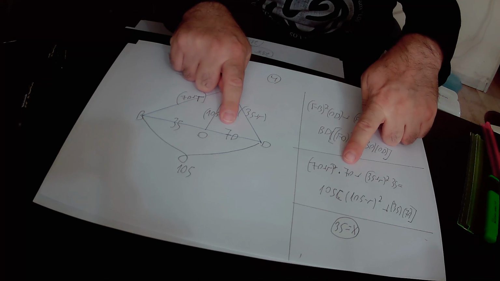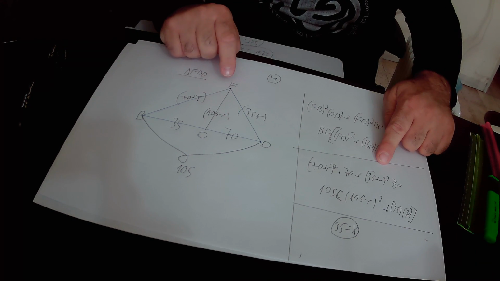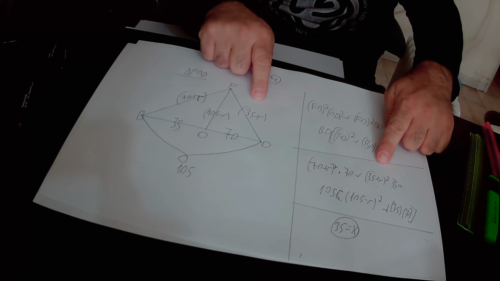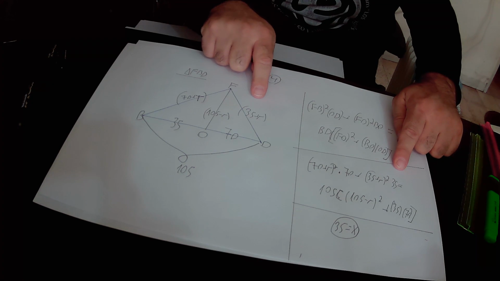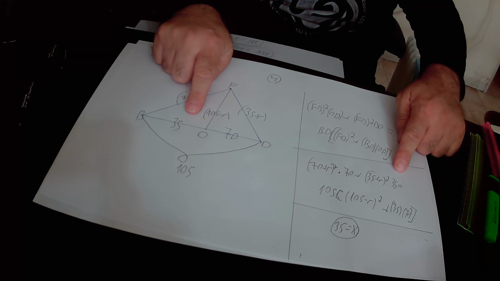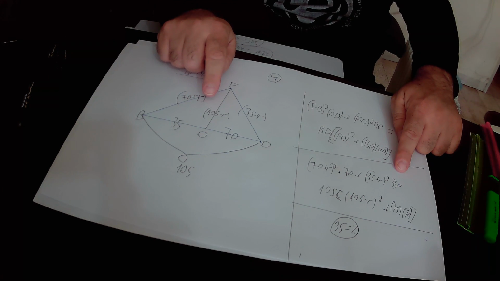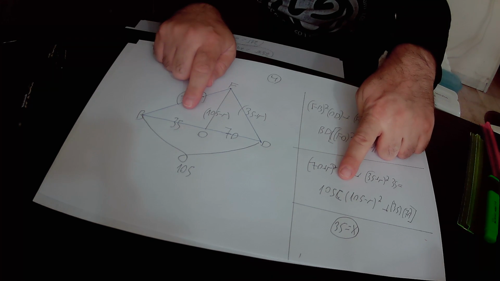OD is 70, so we substitute OD by 70 plus FD square. FD is 35 plus R, therefore FD square is (35 plus R) square times BO. BO is 35, so we substitute BO by 35. And it is equal, on the other side of the equation, to BD.